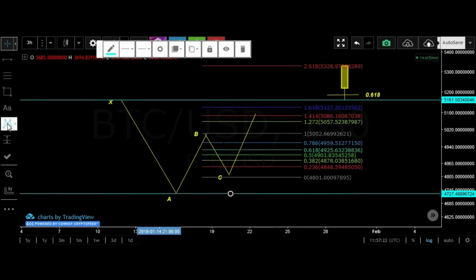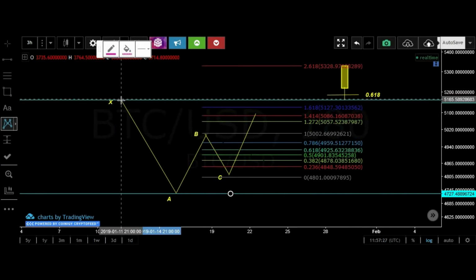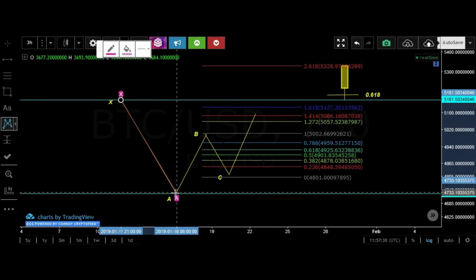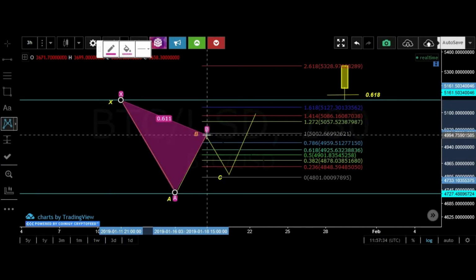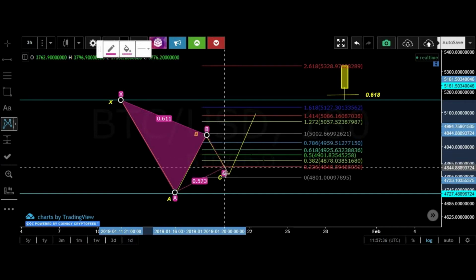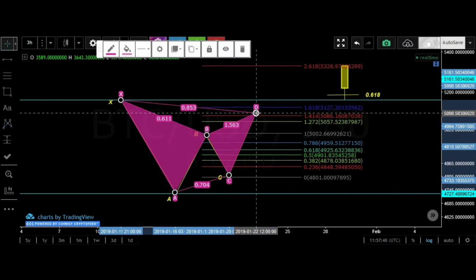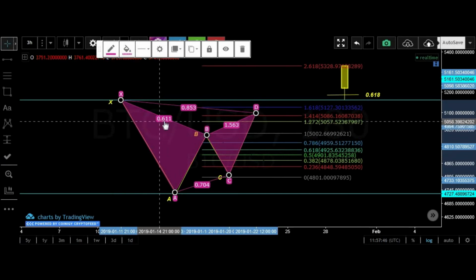When we use this ABCD pattern from the X leg down to the A leg, we'll move it up back to this, now bring it back to the C leg and the D leg. The whole calculations are right there in this pattern.